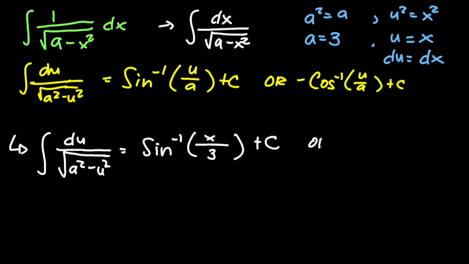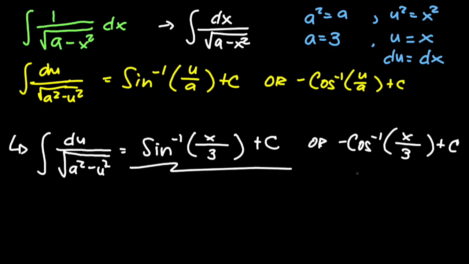So this would also become negative arccosine of u, which is x, over 3, which is a, plus c. So this can become either your answer.